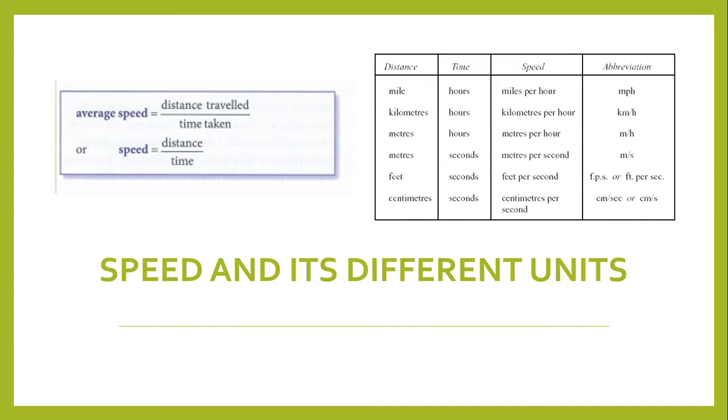What exactly do we mean by saying fast or slow when we are referring to speed? When people say fast, that means that person covered more distance in less time. And when they're saying slow, it means that they are taking more time to cover some distance. So basically, speed is the distance traveled per time taken.